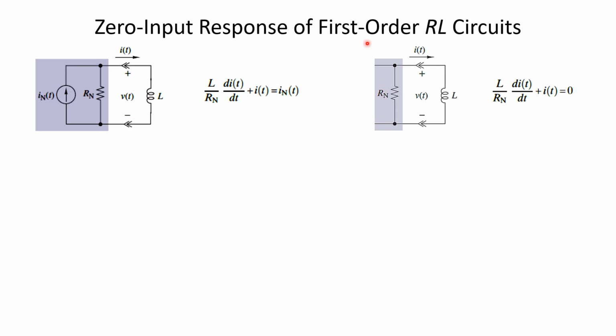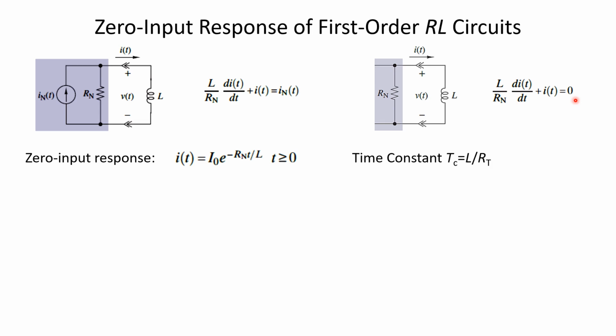And then the right hand side, because we have removed this IN, is equal to 0, and we use the same method as in case of the RC circuit in order to find the solution. I(t) is equal to I naught e to the power minus R t divided by L.